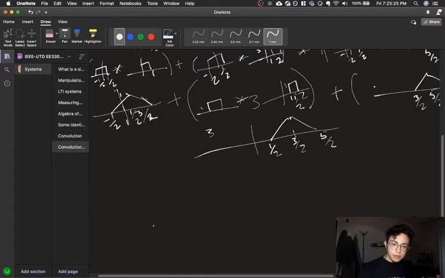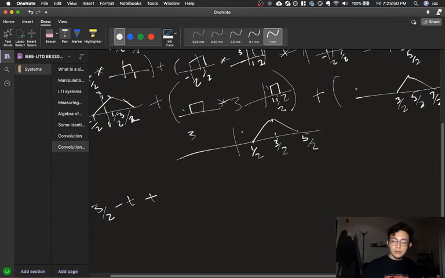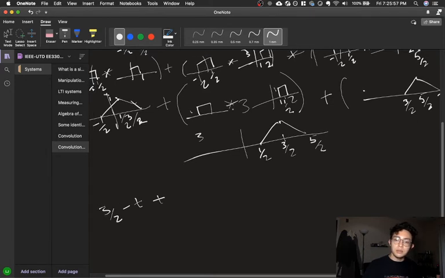So yeah, this is t plus 1/2. So this is 1 minus 1/2. So this is 3 halves minus t plus 3 halves minus t. Let's see. So 3 halves up 1.